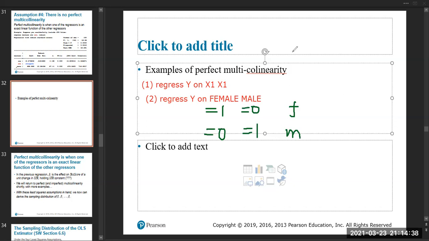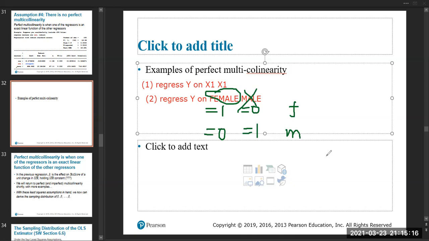Because by looking at female, I already know whether this person is a man or a woman. If female equals 1, then I know it's a woman. If it's 0, then I know it's a man. Suppose we only have 2 genders. Well, you can have other genders, but in this case, we only have 2. I don't need an extra variable to tell me this person's gender information.